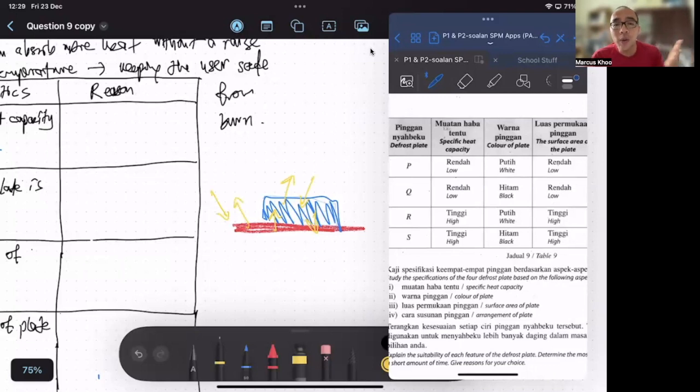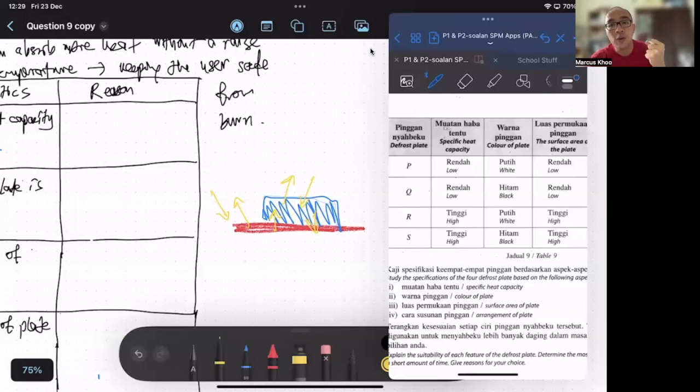Okay, so what is keeping this plate hot? In a sense, what is keeping this plate hot is the air. It's absorbing the heat from the air to keep it hot. And at the same time, it is also being cooled down by the frozen meat, because the frozen meat is interacting with the air and is absorbing all the heat from the air also.